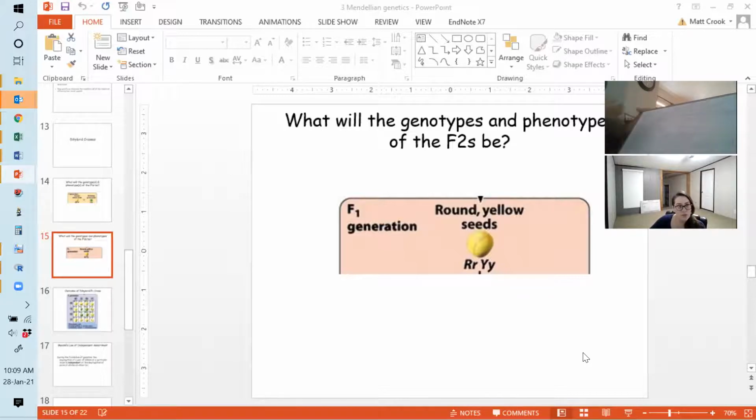So each parent contributes 4 potential gametes, and because segregation is random for each of those 2 genes, we're going to have those 4 potential gametes in equal proportion, a 1 to 1 to 1 to 1 ratio.